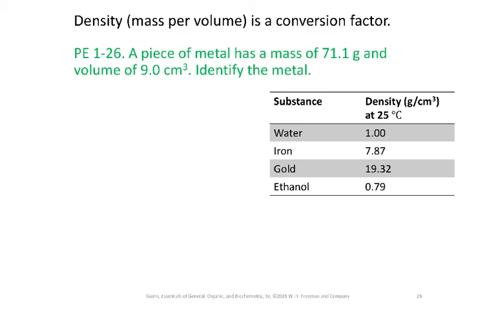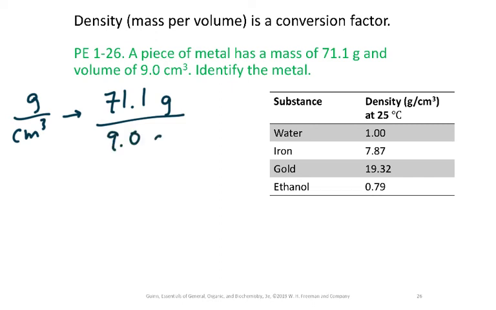Okay, so this is a little bit of a different type of problem than before. We want to find grams per cubic centimeter. So we can just take what we actually have. We have 71.1 grams, and we have 9.0 cubic centimeters.